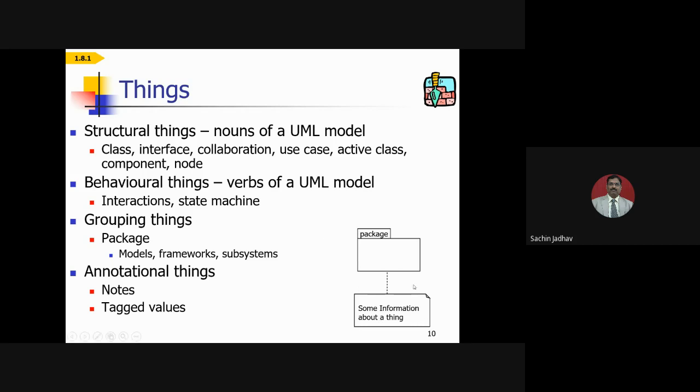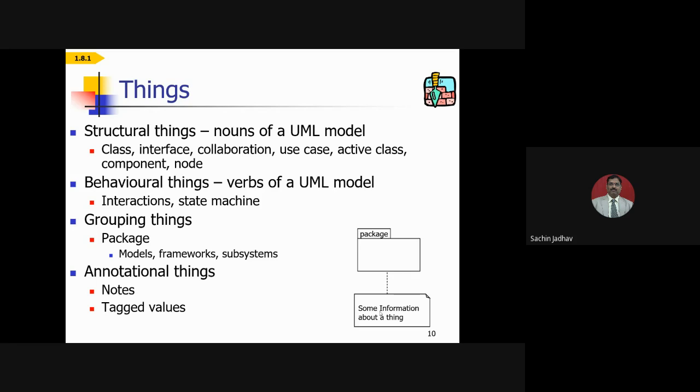You can see here this package is described with the help of some information about the thing in the dog-ear rectangle. So you can have a dashed line from that particular concept, object, or thing to a dog-ear rectangle. In that you can specify whatever separate information you want to specify. So this is known as notes.